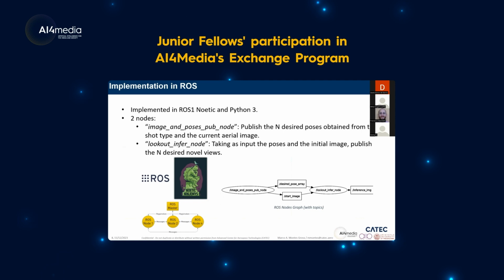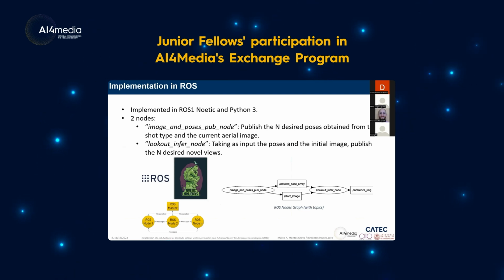The nodes are like entities that do things, and the topics are the way these entities communicate through messages. So in this tool, we decided to create two nodes. The first one publishes the desired positions, taken from the trajectory generator, and the current image of the aerial robot.